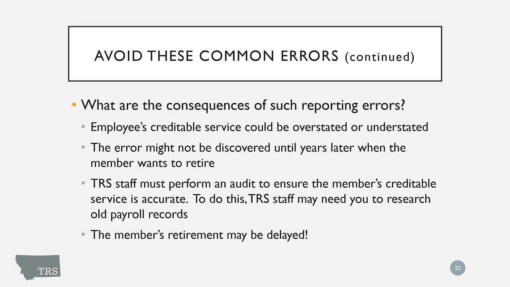Some of the issues that we run into with those type of errors, and I guess the biggest one, is that the member's or employee's creditable service could be overstated or understated. In most cases, it's understated. These errors usually aren't discovered until the very end of their career, when John L. and her staff do a service audit on all these folks that are about to retire, and that's when a lot of these errors are discovered.